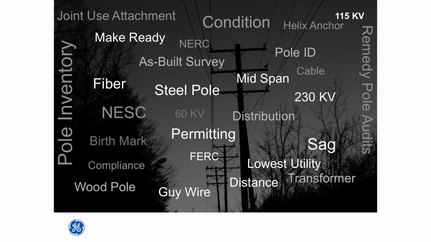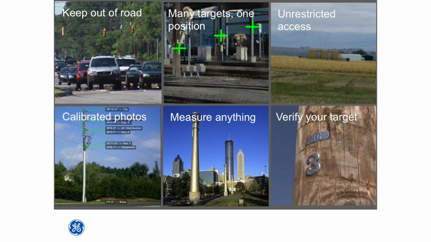In addition to the why, think about the conditions. Where are you collecting this? Are you collecting mid-spans in a road and have to get in a road to potentially stop traffic? Several of these things are the key attributes that MapSight, as a single device, allows the user to have capabilities. To stay out of the road for safety reasons, they're able to stand in one position and collect many targets from one position.